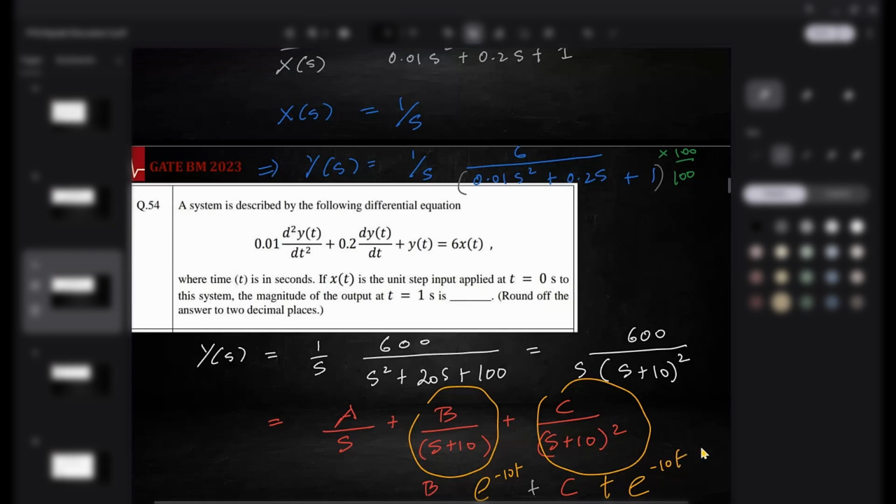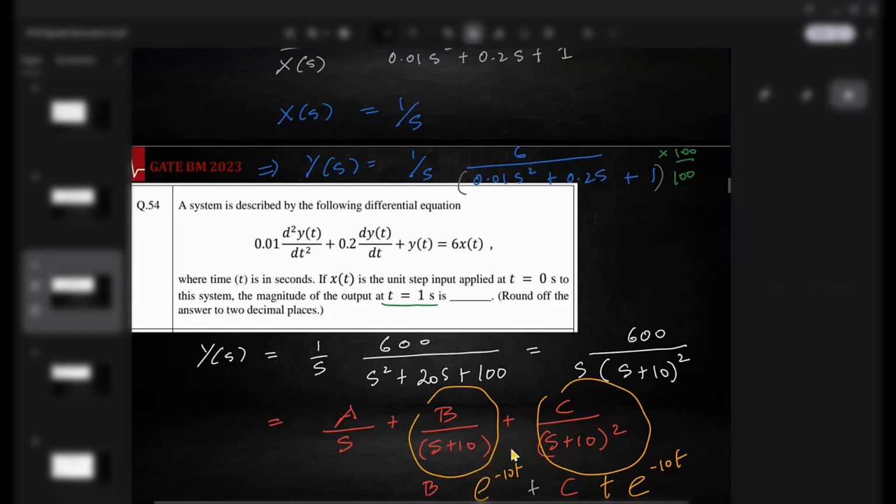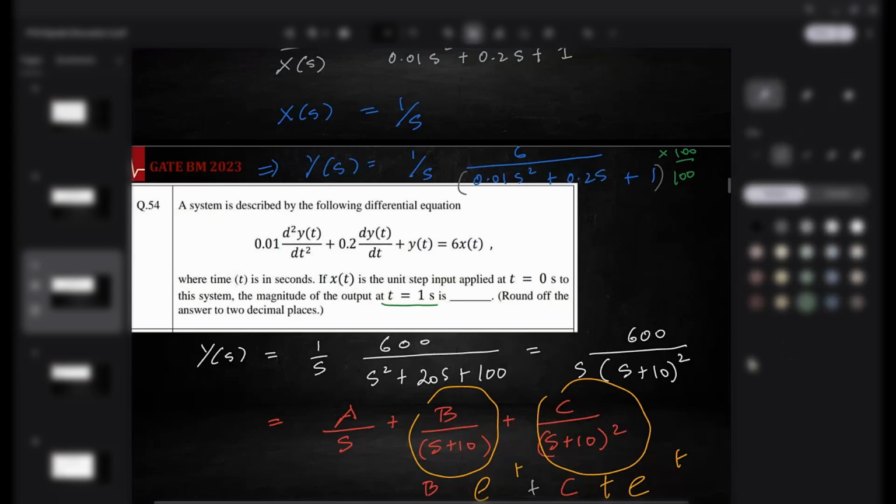Then find b and c. But there I noticed something: e power minus 10t at t equals 1. The time constant is actually 0.1, or the decay constant is minus 10.